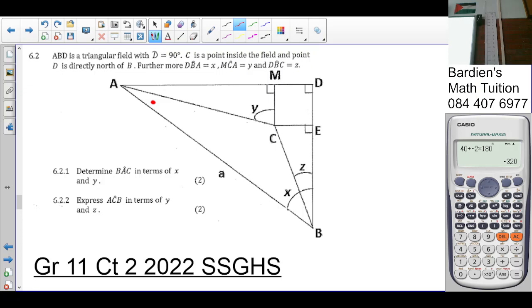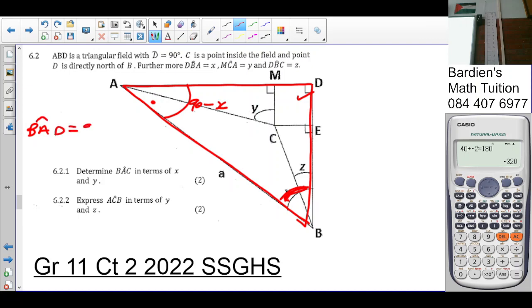Okay. So from here we can see that in this whole triangle, I got 90 and I got x here, not so? So this whole angle is going to be 90 minus x. You all agree with that? So BAD is 90 minus x.